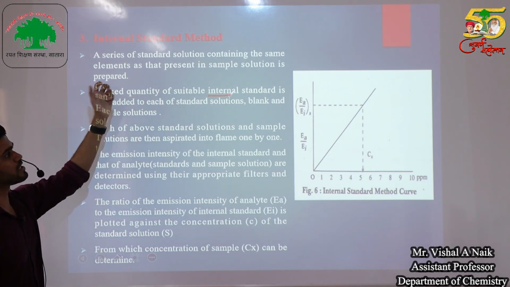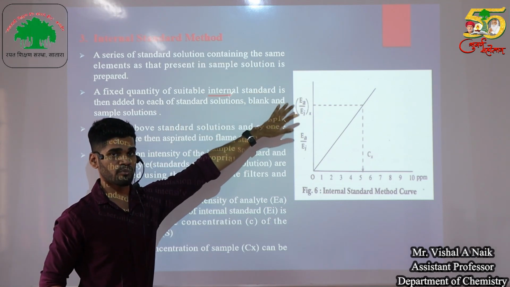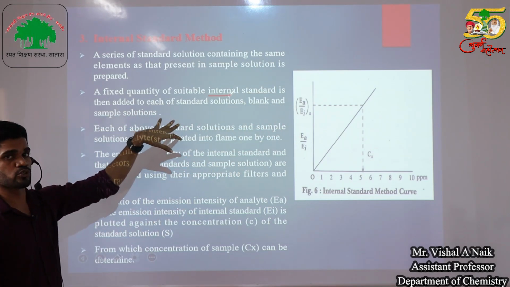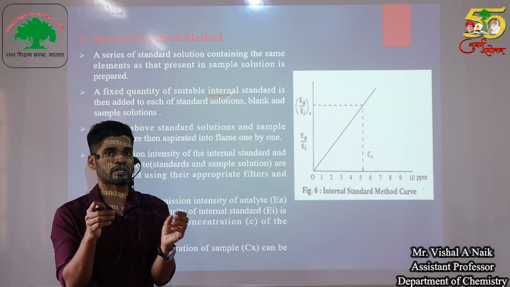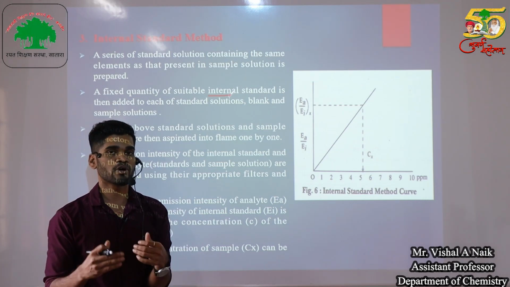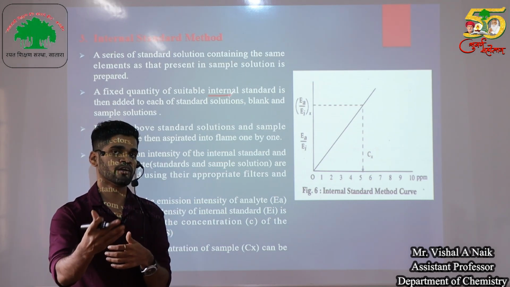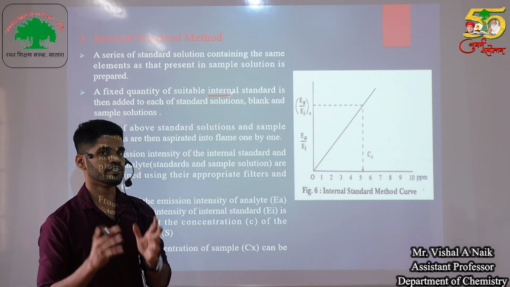So the internal standard solution is added into each of the standard solutions, the blank, and then the sample solution. So all the samples which we prepared, standard solutions, blank, and our sample solution, we have to add the internal standard solution into. Then one by one we aspirate them into a flame, and we get emission intensities.